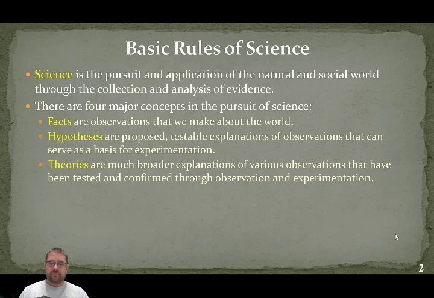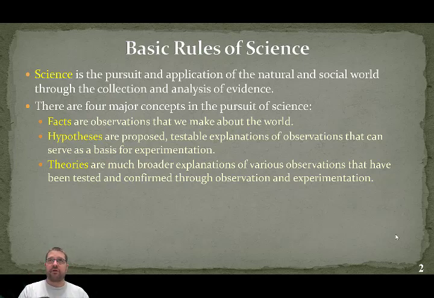A theory to a scientist means you've already guessed with a testable hypothesis. You've already tested it multiple times and supported it multiple times in multiple ways, and now you have yourself an explanation, an accepted explanation for that natural phenomenon.